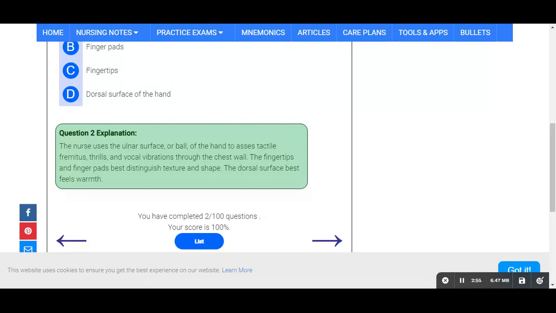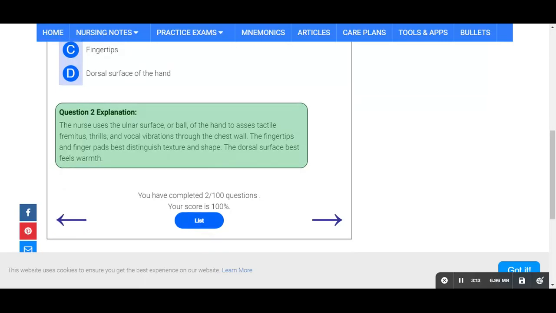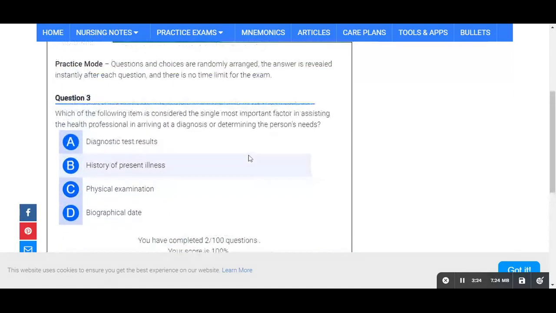So the dorsal surface, the opposite side of your hand, the darker side, the outer side, we use it to assess for temperature, for warmth. And for the fingertips, as well as the finger pads, we use them to distinguish texture and shape. In case of like nodules, we use fingers at those kinds of times. Now, let's proceed to the next question.